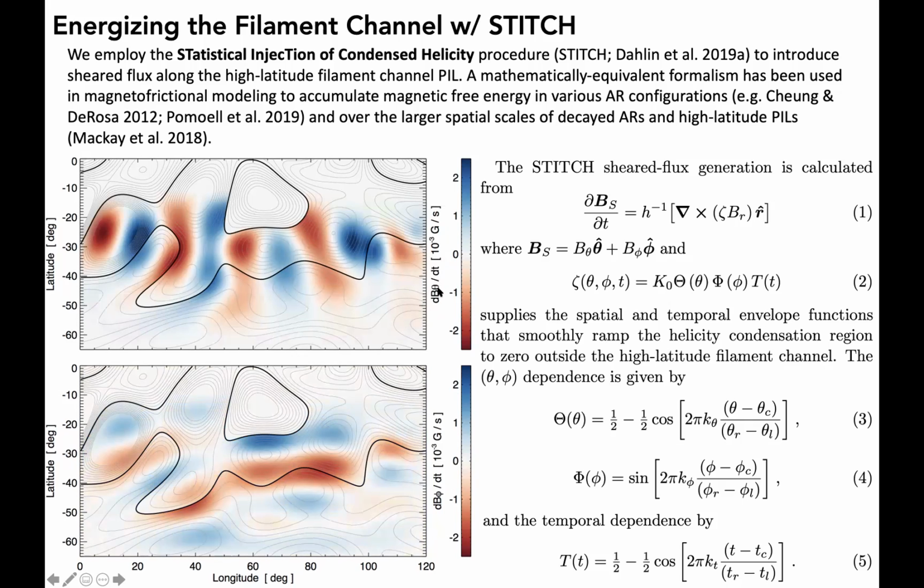Here's the dB theta dt component and dB phi dt component. What you can see here is these circular patterns, with clockwise or anti-clockwise rotation being added, but all of these things add up so that you get a coherent introduction of the phi component all along the neutral line.